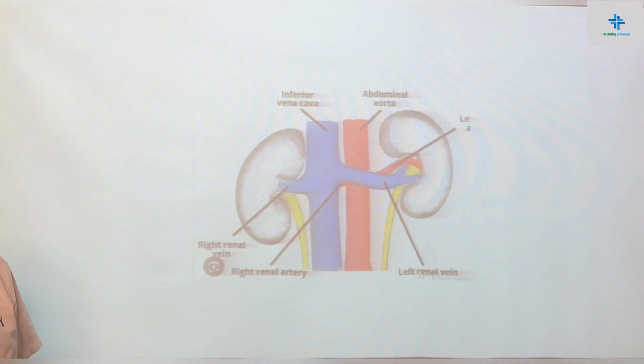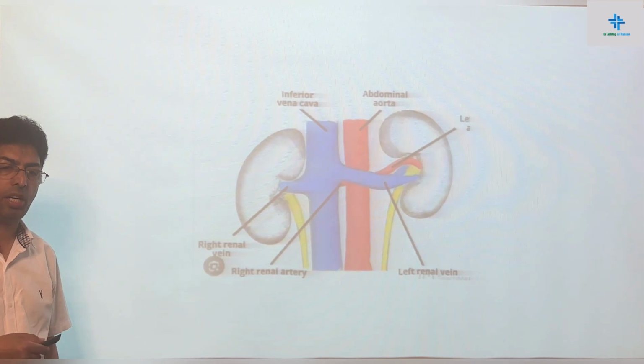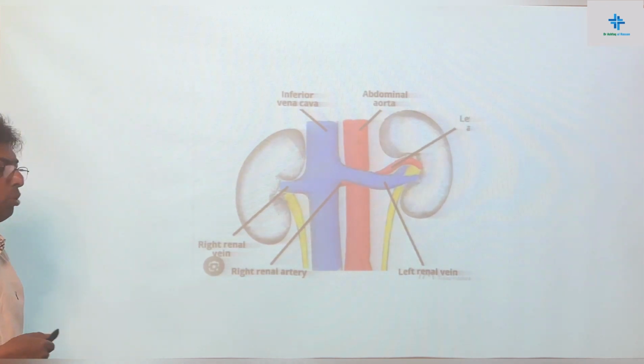We have a lot of anomalous variations in the renal vasculature. You can have accessory renal vessels, and that's important as far as transplant of the kidneys is concerned. There you have to be very particular about doing the renal angiogram first in the donor as well as the recipient, so as to have a perfect match of the vascular supply of the kidneys.